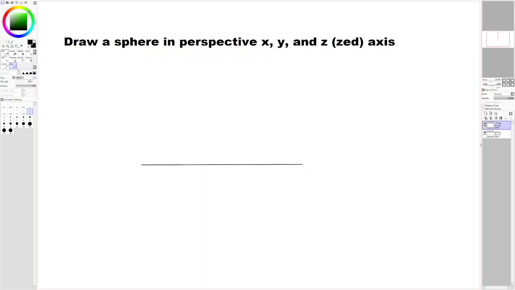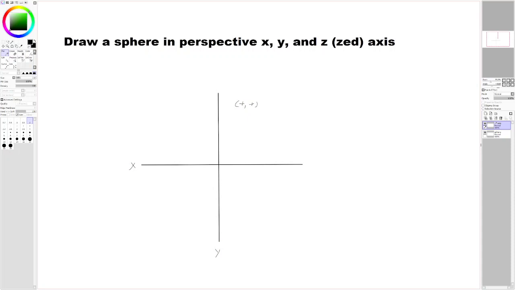Okay, so if you think of a Cartesian plane, you have an x-axis, you have a y-axis. If you remember anything about the Cartesian plane from math class, you had quadrants that were positive, positive.